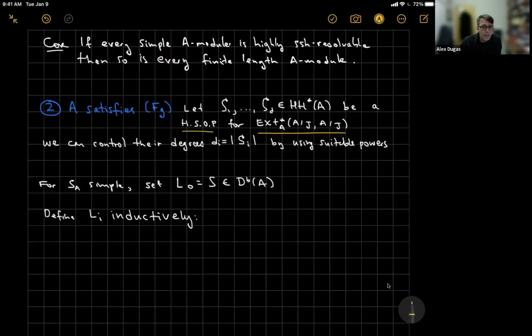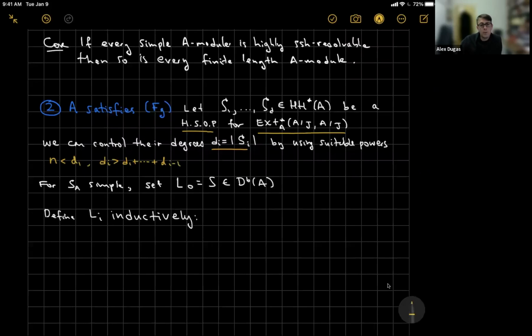And by taking suitable powers of these zeta i's, we can control their degrees. So what we're going to want here is, if we're given an integer n, we want n to be less than d1, and then for each of the additional di's, we want di to be greater than the sum of the degrees preceding it.